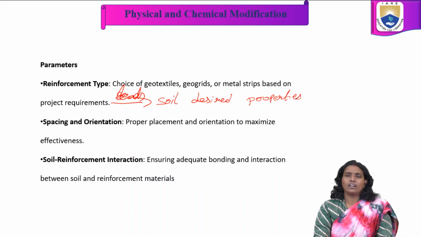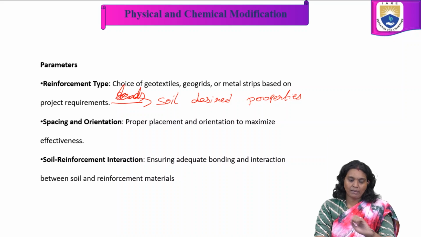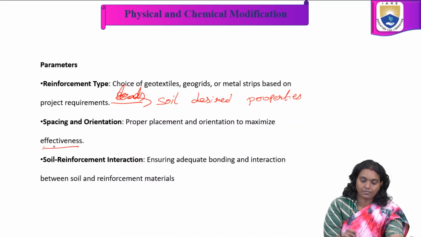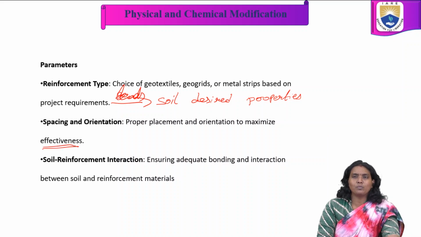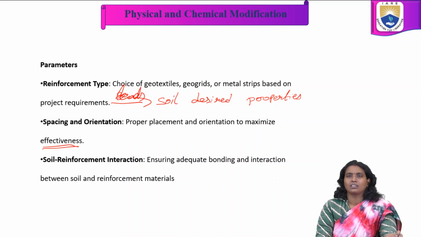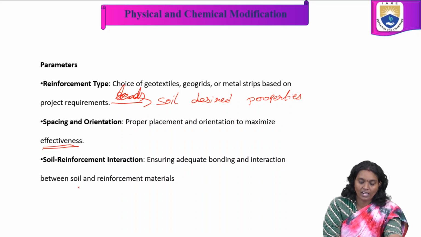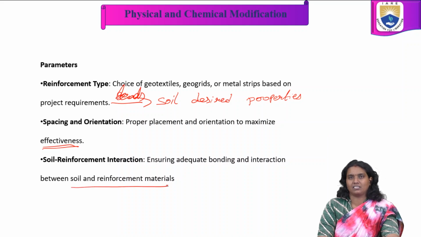Coming to spacing and orientation, proper placement and orientation maximize the effectiveness. Soil reinforcement interaction means assuring adequate bonding and interaction between soil and reinforcement materials.